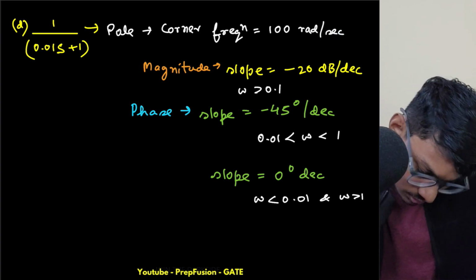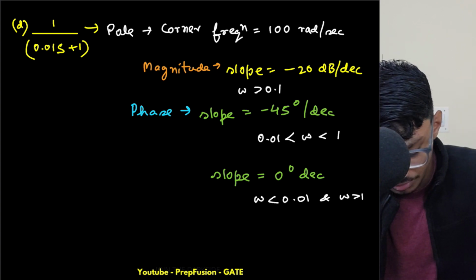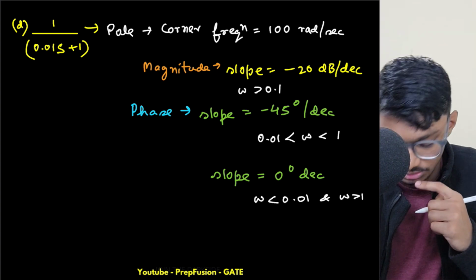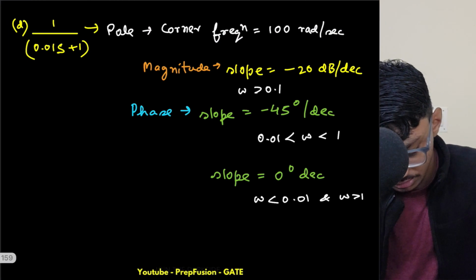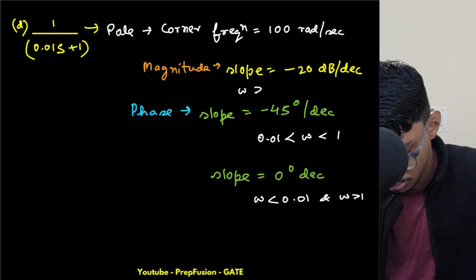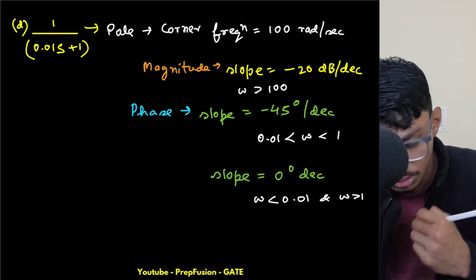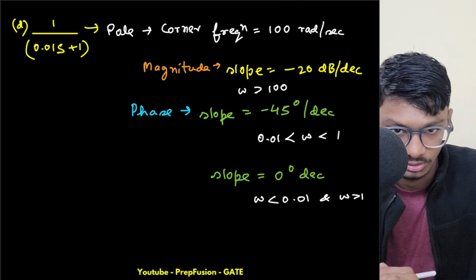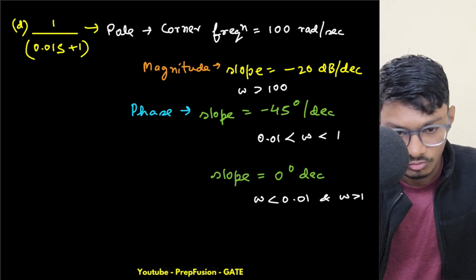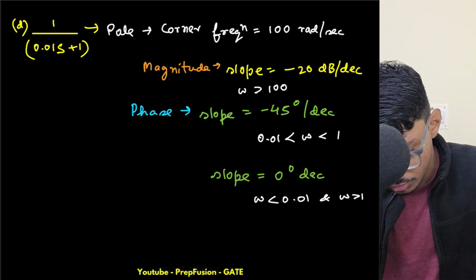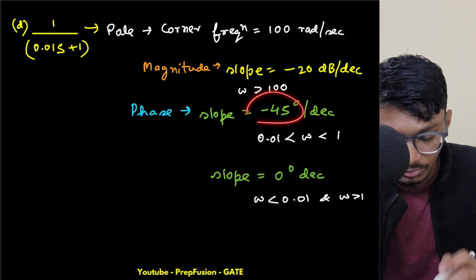So like here obviously the slope is minus 20 per decade, but it is after the 100 radians per second. So omega here after 100 radians per second, the slope is minus 20 per decade. It is contributing minus 20 per decade for this particular pole. Now what about this phase? So phase also is contributing minus 45 degrees per decade, but what is the range?